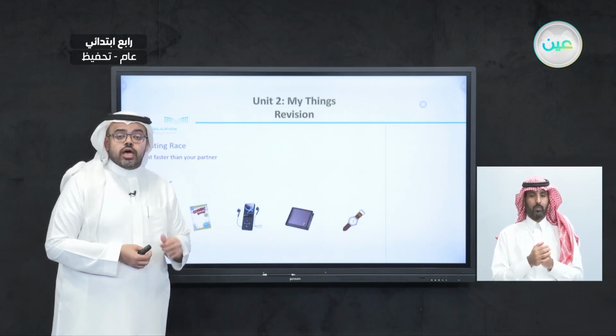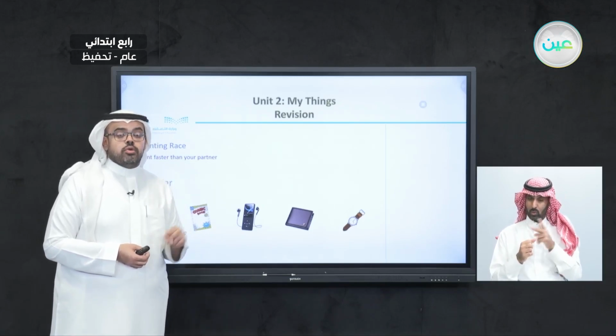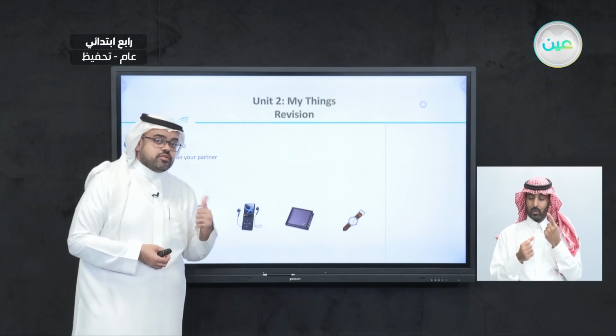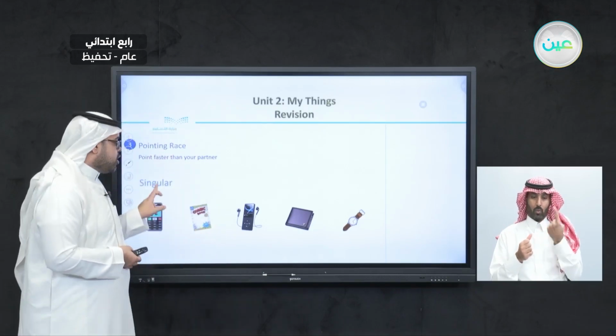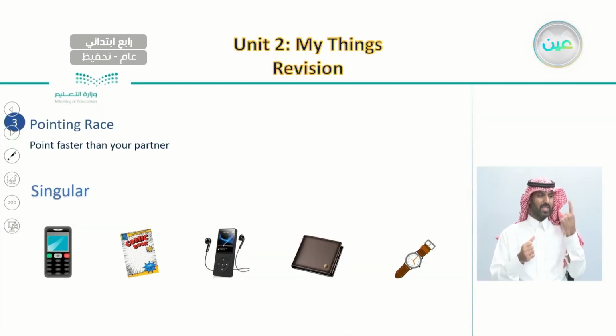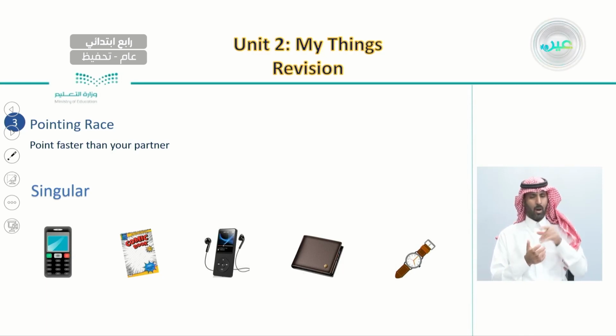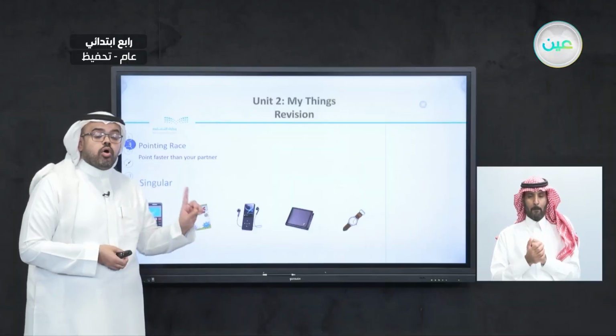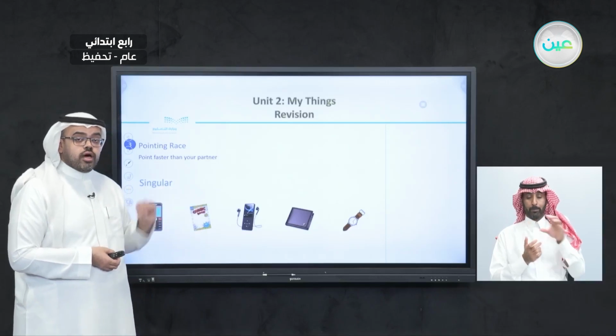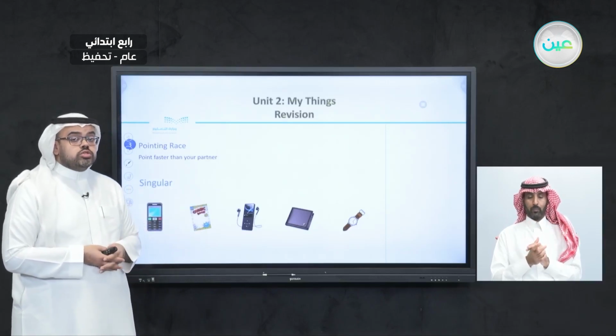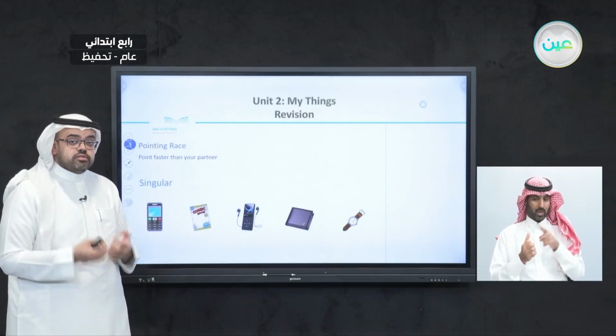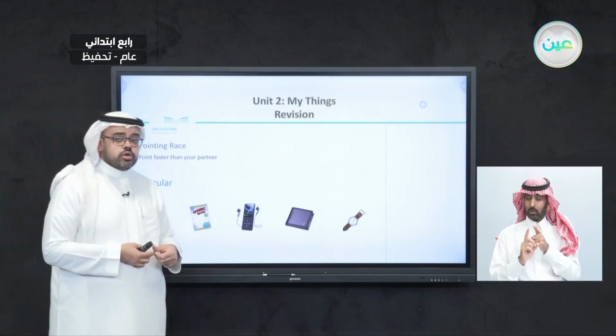Well, we have 2 types of this game, or 2 levels. The first level goes with the singular nouns. As you can see here, we have only one type of each of these items. So first, you as a leader, you're going to ask a question.